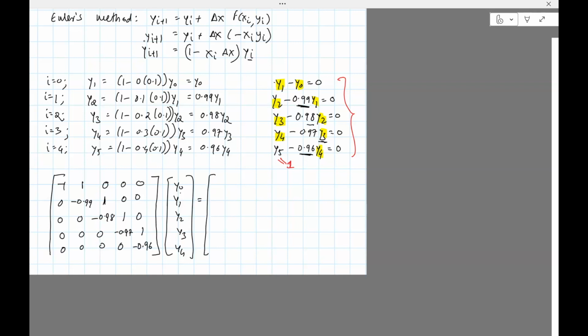On the right hand side, we have 0, 0, 0, 0, except for the last equation, where I need to move the 1 to this side. So it'll be negative 1.